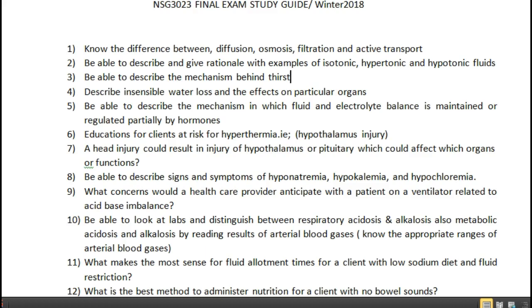Hyponatremia means that the water enters the cells by osmosis, like I was telling y'all earlier, with osmosis, movement of water is across a semi-permeable membrane from a compartment of lower to a higher particle concentration.